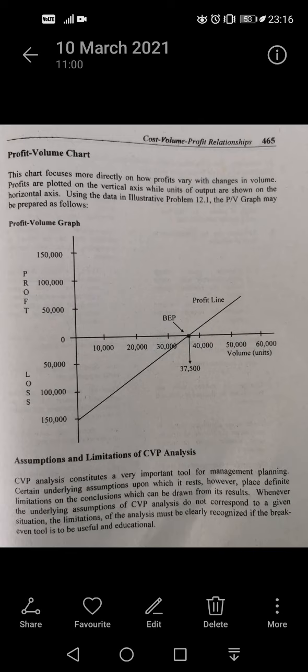There's an illustrative problem here. Break-even point analysis, where sales is 100%, 100 units at 100 pesos per unit.